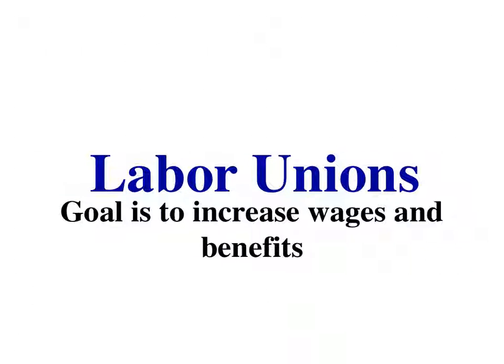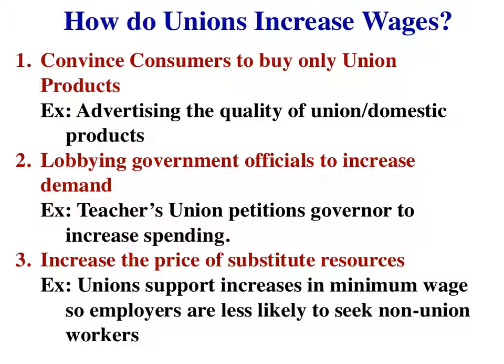Labor unions tend to increase wages and oftentimes will reduce the quantity of workers. A couple things that unions will do: they'll try and advertise on behalf of the product to convince consumers to buy.